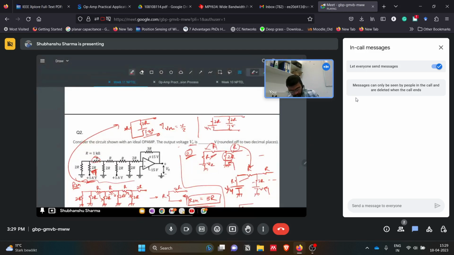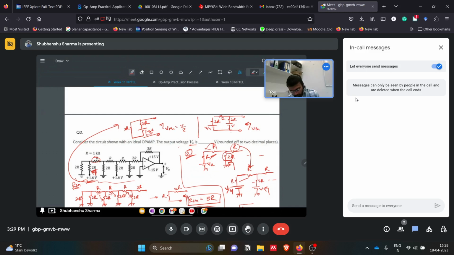We have to get the voltage output across here. If we use the current equation, then we'll get the current and we can find the VTH here.